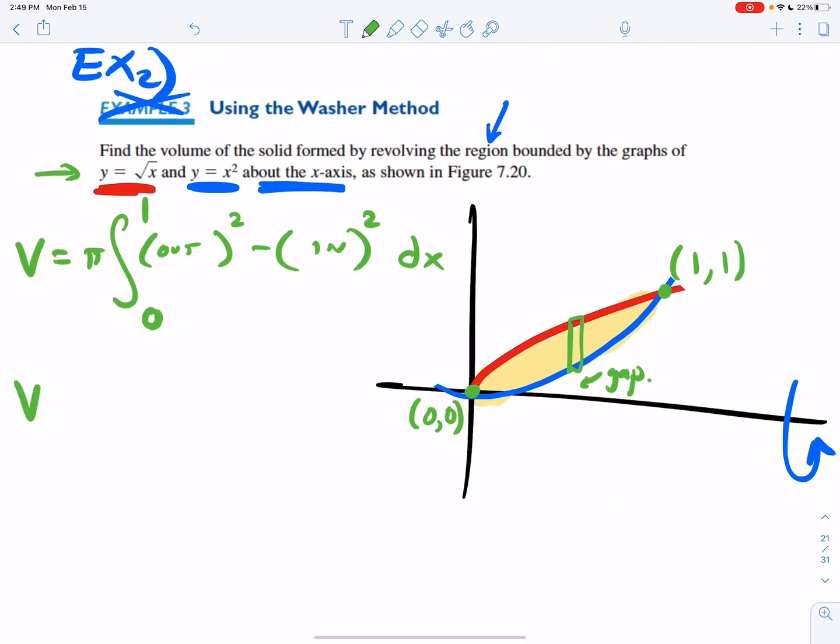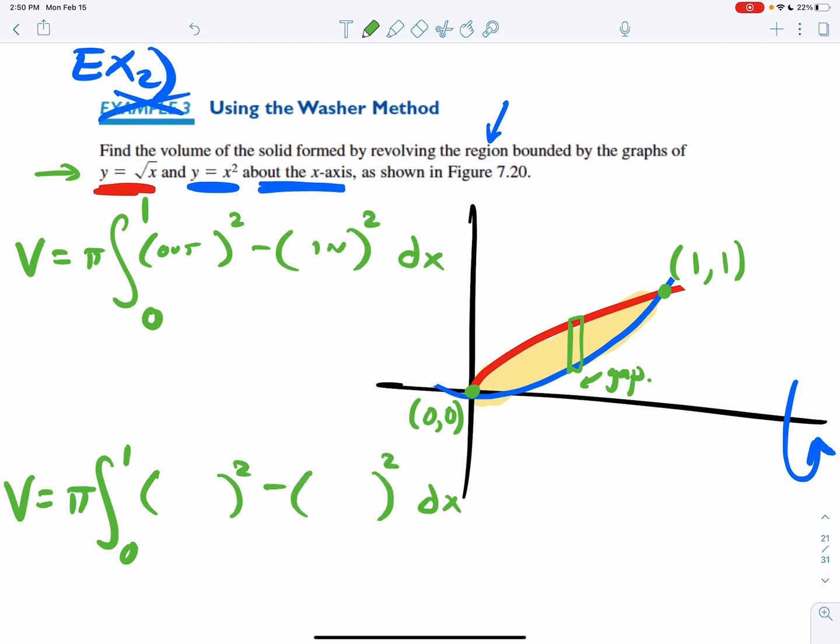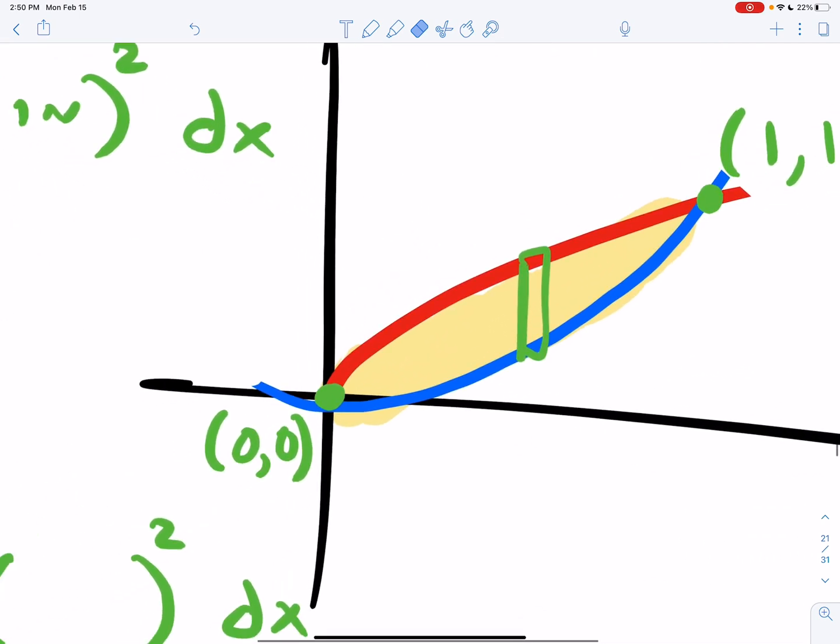Okay, so here's what I mean. This is the challenging part when you first start out. Let me scoot that down a little bit so we have some space. We know it's going to be outside squared minus inside squared. This is where you have to be really detailed with your drawing, so draw your graphs a little bit larger than usual.